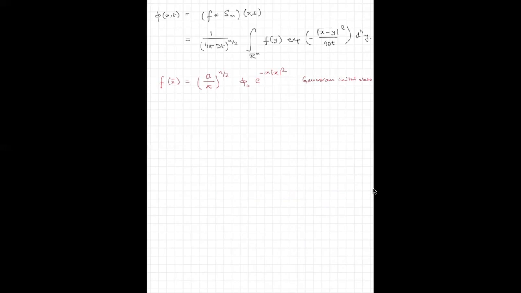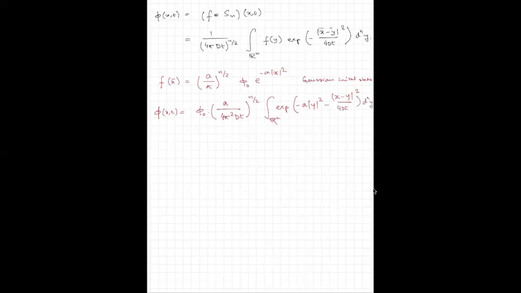So if you do that, then what you are going to get is that phi of x, t is phi naught times a over 4 pi squared dt, whole to the n over 2, integral over R^n of exponential of minus a mod y squared minus x minus y squared over 4 dt, d^n y.